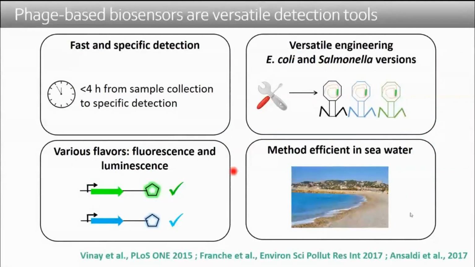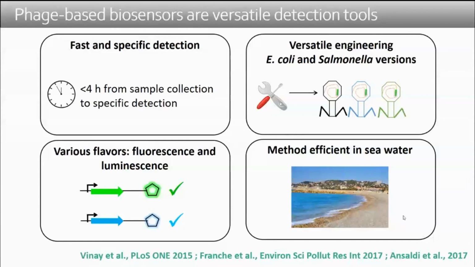So what we've been designing was a fast and specific detection using phage to discriminate bacteria. And actually, it was very fast as well because it was less than 4 hours from sample collection to specific detection. So we had versatile versions for E. coli and Salmonella. And also, it came in various flavors because instead of a fluorescence gene, you can insert a luminescence operon.